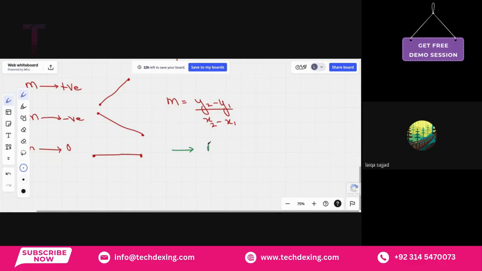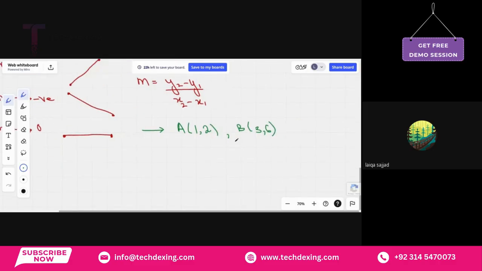So for example, we are given 2 points. One is point A. It has coordinates 1 and 2, and then we get point B, which has the coordinates 3 and 6, and we are asked to find the gradient or the slope for these 2 points. For example, if we plot them and join them with a straight line, we have to find the gradient of that line AB.